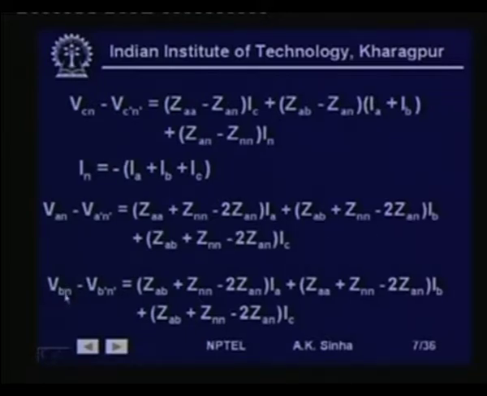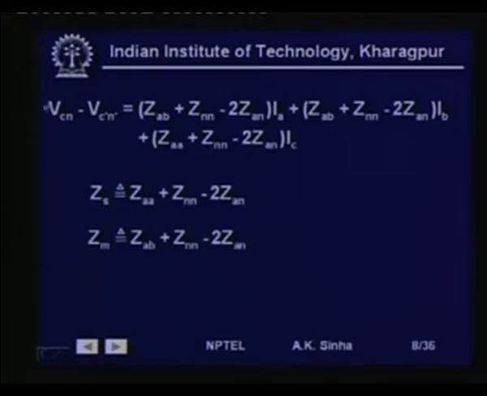Similarly, for phase B, VBN minus VB dash N dash is equal to ZAB plus ZNN minus twice ZAN into IA, plus ZAA plus ZNN minus twice ZAN into IB, plus ZAB plus ZNN minus twice ZAN into IC.